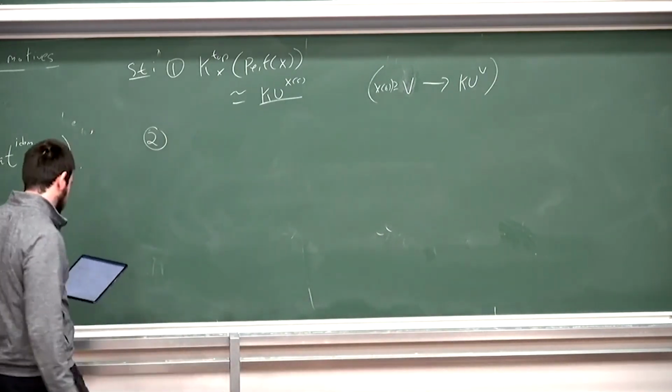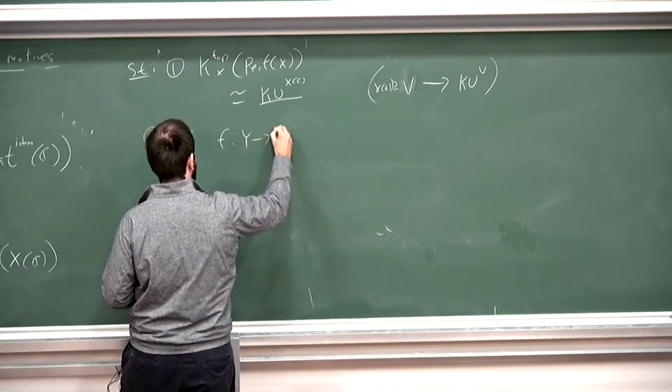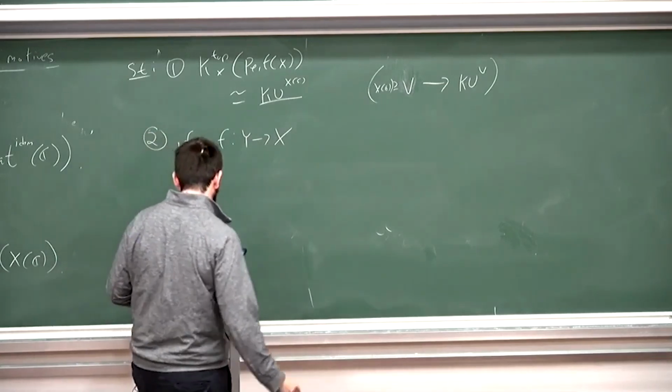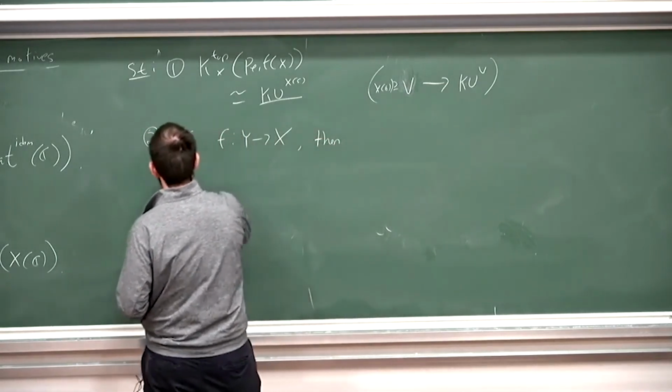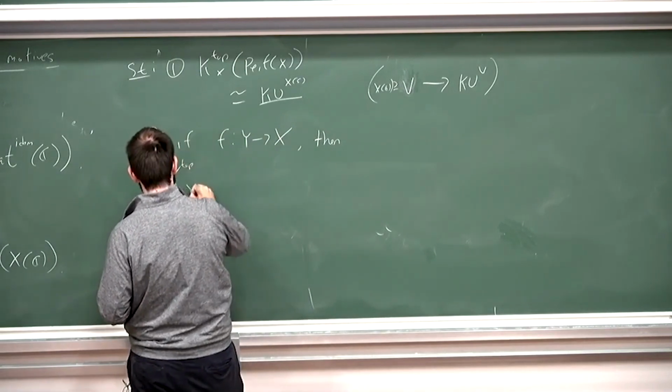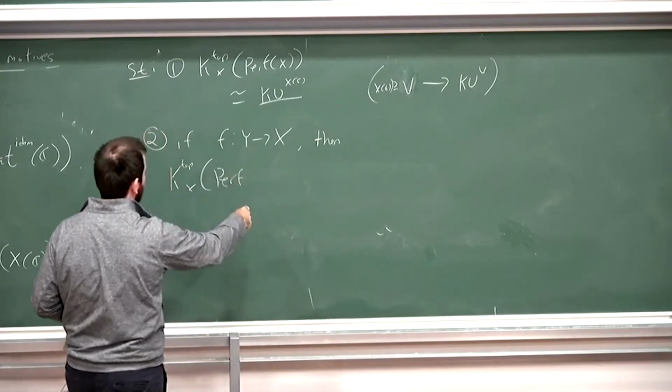The following property: if we have a morphism of schemes, then K top of this gives perf Y a perf X linear structure.